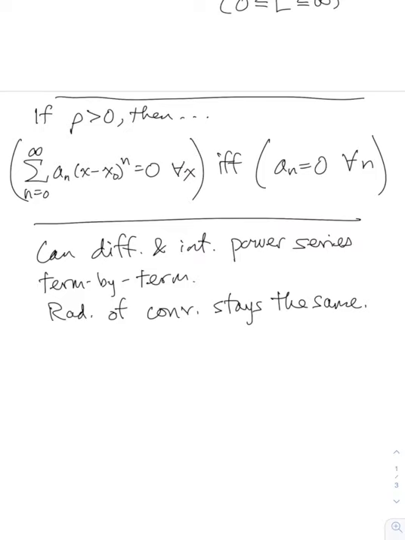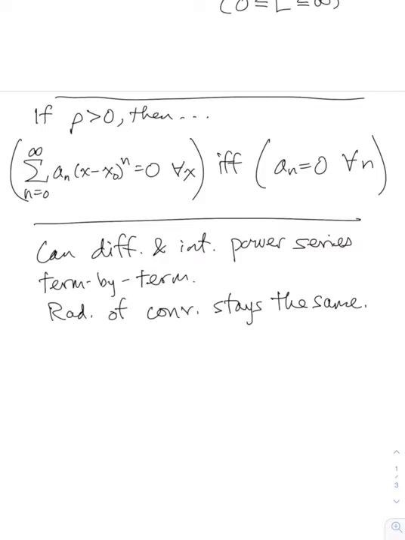And incidentally, the interval of convergence, which includes all the points inside the radius of convergence and might also include one or both of the endpoints, the interval of convergence could change. The radius of convergence will stay the same, but what's happening at the endpoints might change. It might be that for your series, it converges at both endpoints, but then after you differentiate it, it diverges at both endpoints.